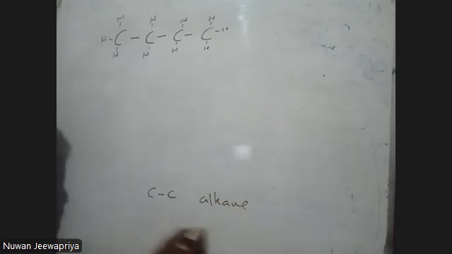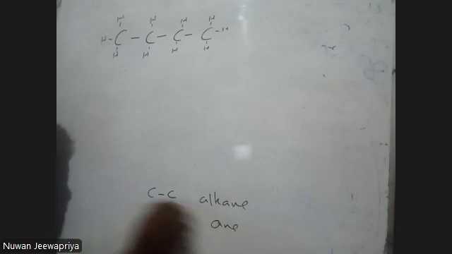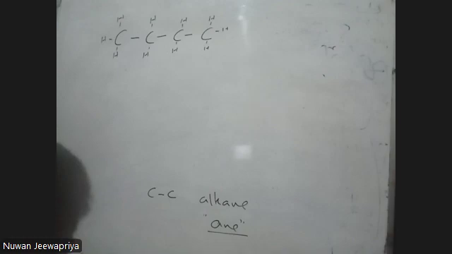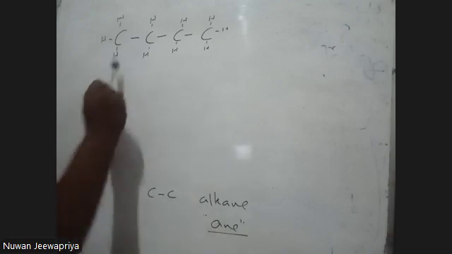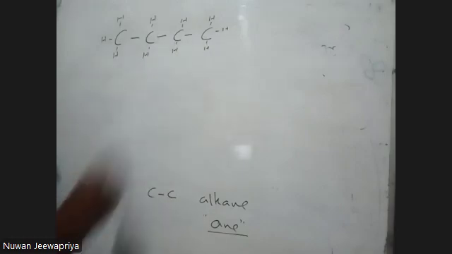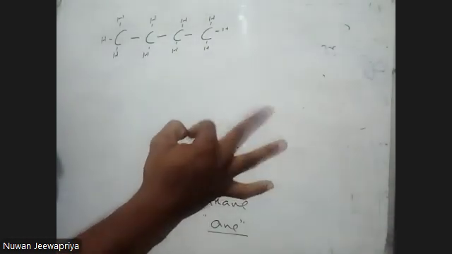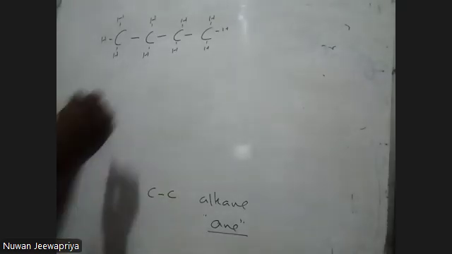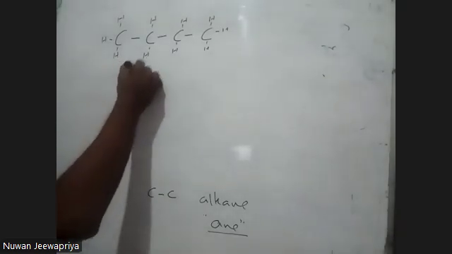Alkanes finish their name with the suffix "ane". How many carbons are here? 1, 2, 3, 4, meaning meth, eth, prop, but. So butane.